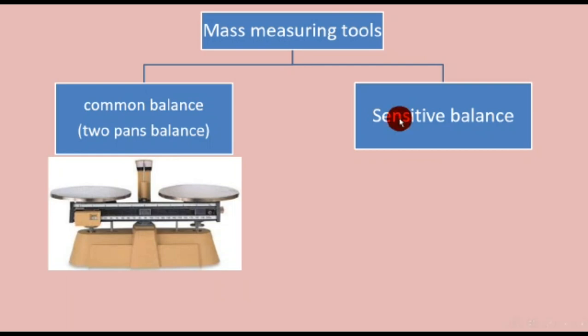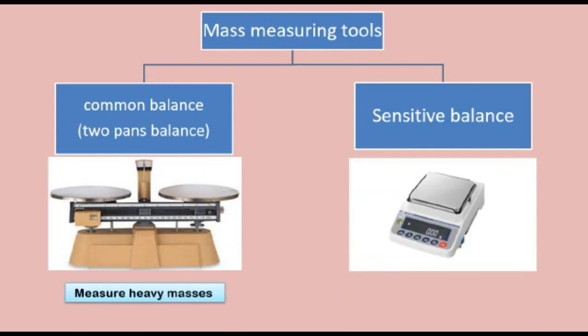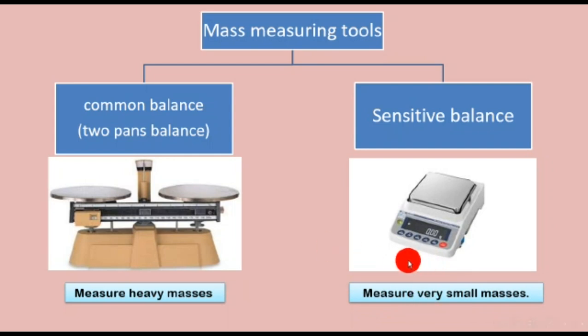Here is a picture of the common balance. The common balance is used to measure heavy objects, and the sensitive balance is used to measure very small objects or masses. Here is also a picture of the sensitive balance.